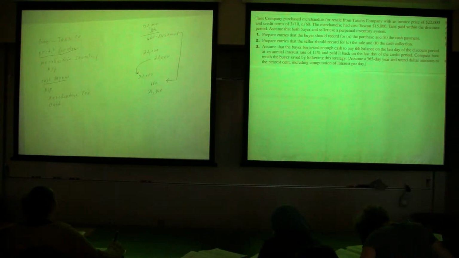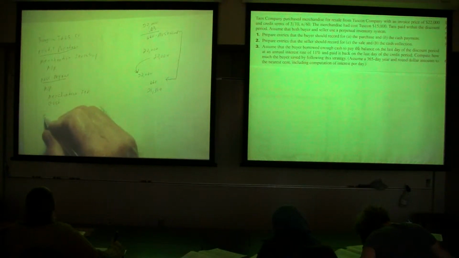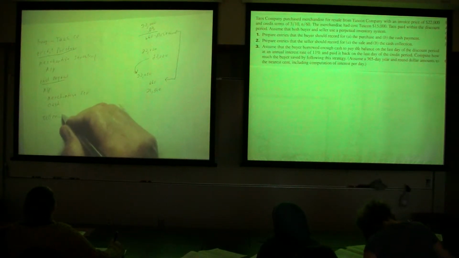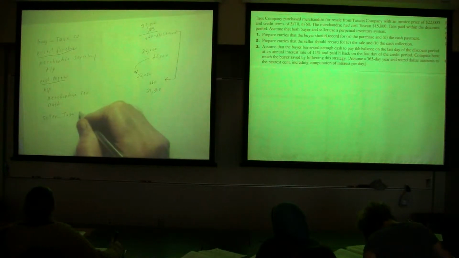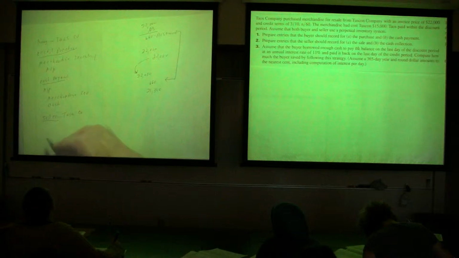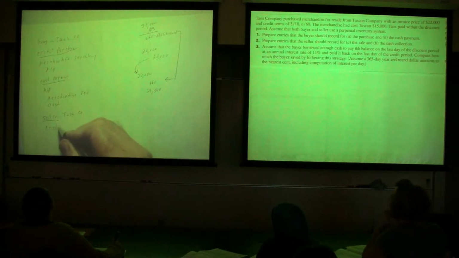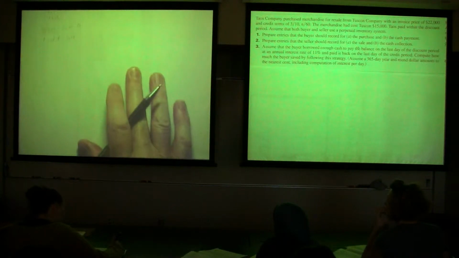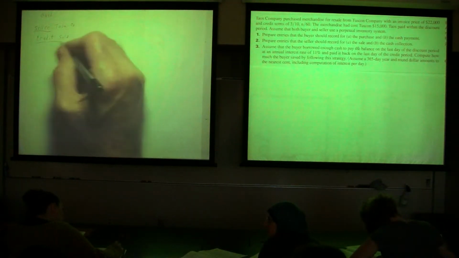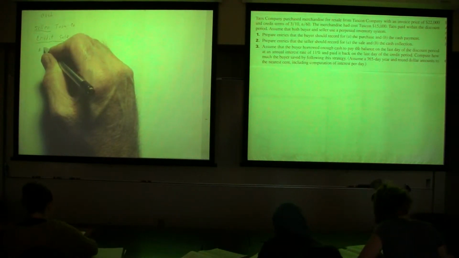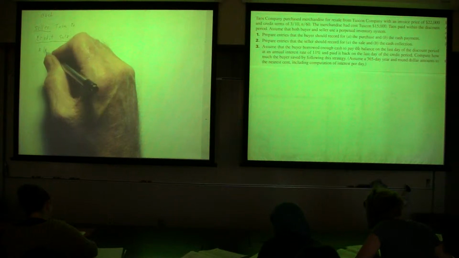All right. Now, let's take a look at the seller's books. Of course, the seller is the Tucson Company. Now it's a credit sale, so we're going to have accounts receivable. In this case, we're going to have two entries. The first entry will update the revenue account.